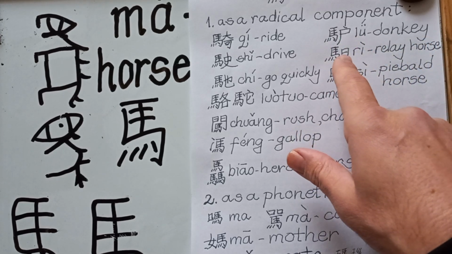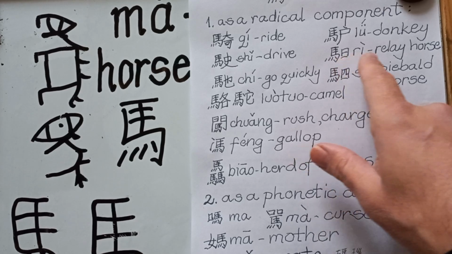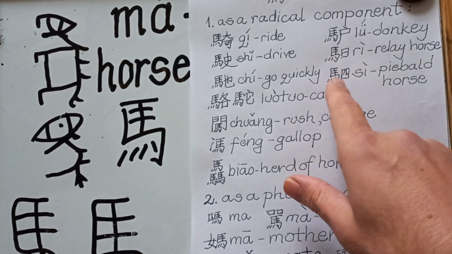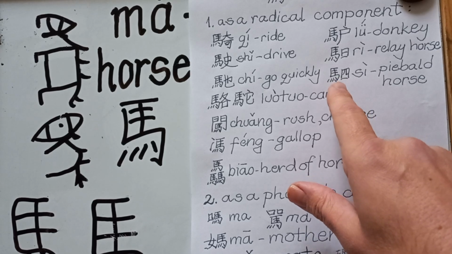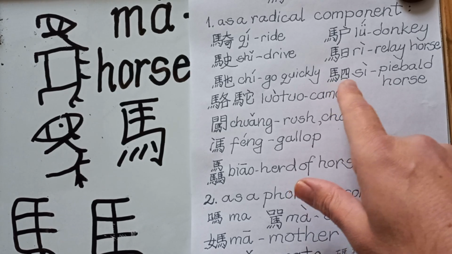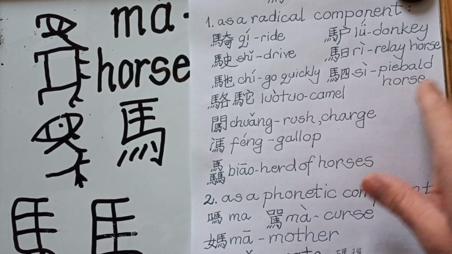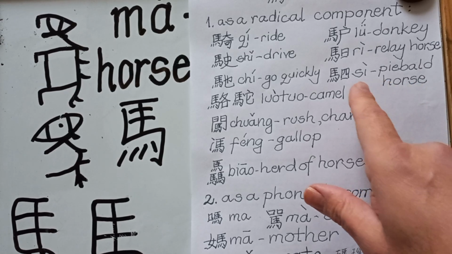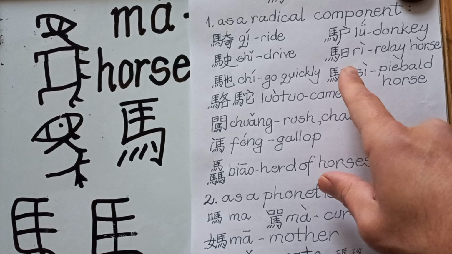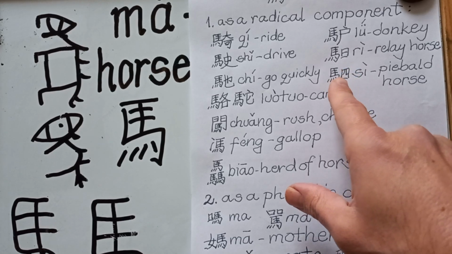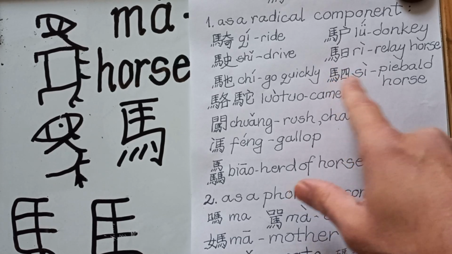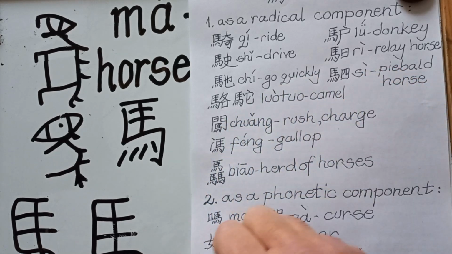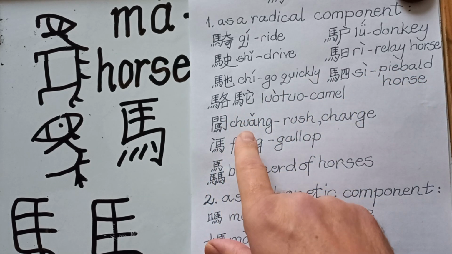ri is a relay horse, si, it's a piebald horse, or four horses pulling a cart together. Four horses, yeah? So four horses. Okay, and then we move on to the next three characters.